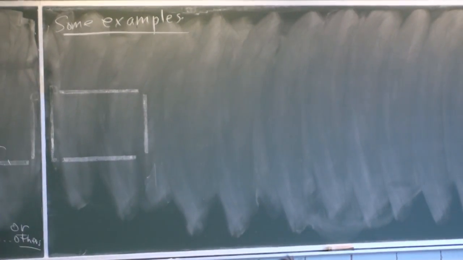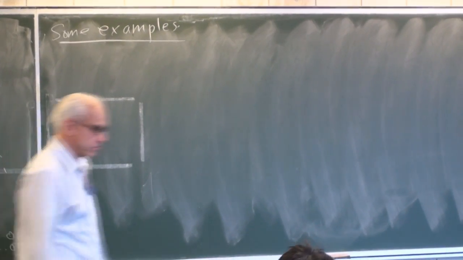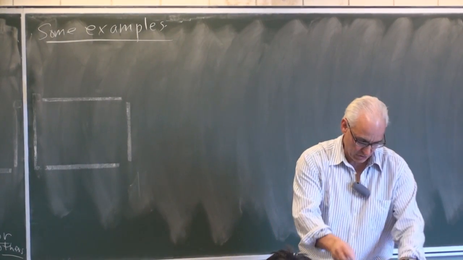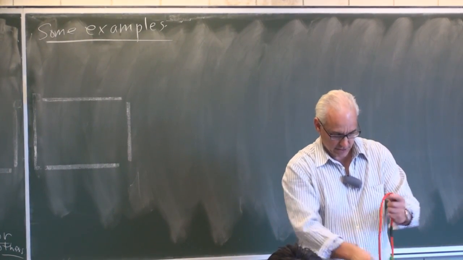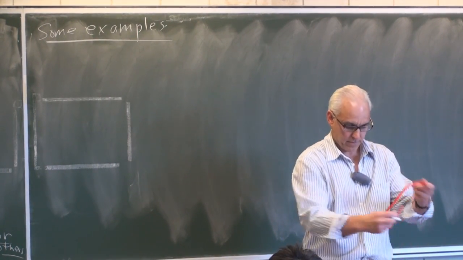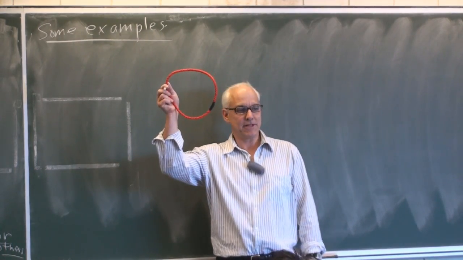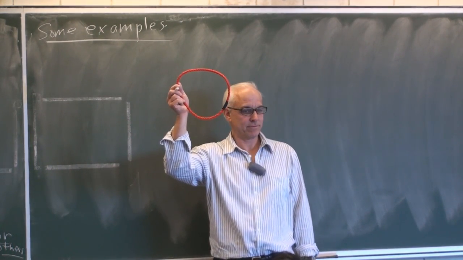Okay, so the first example is probably the simplest one, perhaps the most natural. We are going to consider a circle. Let's compute the homology of a circle.